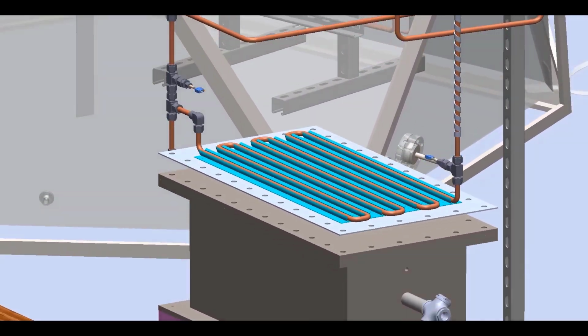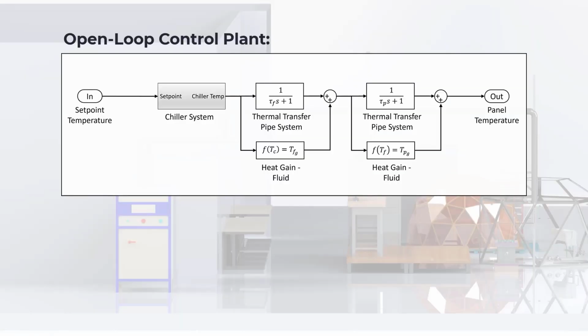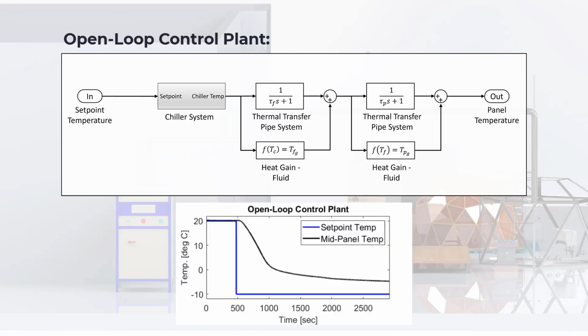From the open-loop experiments, the team confirmed that a controller had to be designed to generate the needed chiller set point temperature to achieve the desired temperature at the interface of the thermal transfer panel and pressurized box.